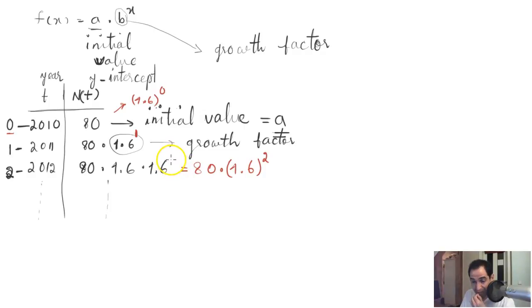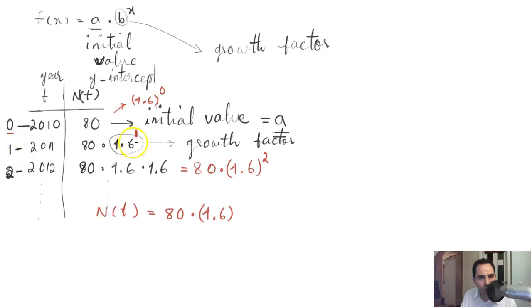Basically, that means that you could write the general form of this function as n of t, which is equal to 80 times 1.6 raised to the power t. So here your t was 0, so you raised 1.6 to the 0th power.